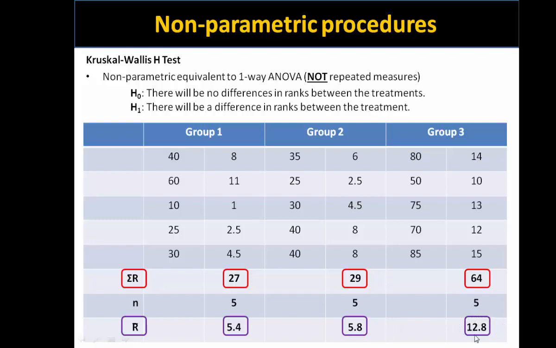Group 3, which had these much higher average ranked scores, suggests that they had the largest measurement on the outcome variable, indicating more pain. When we go back to the research design, we discover that the participants in group 3 were subjected to the control condition. So they were not provided an ice bath or massage post-exercise as a means of managing pain.